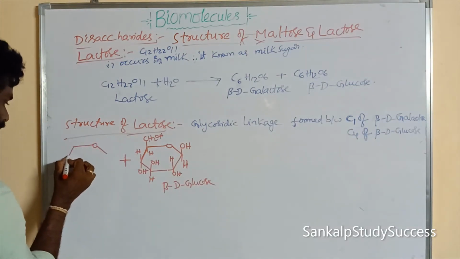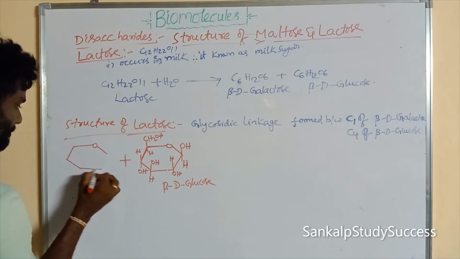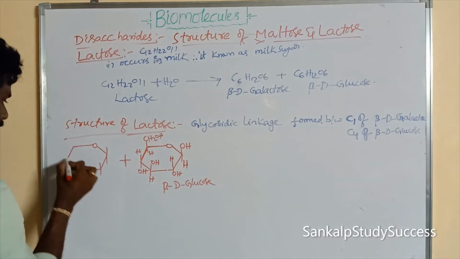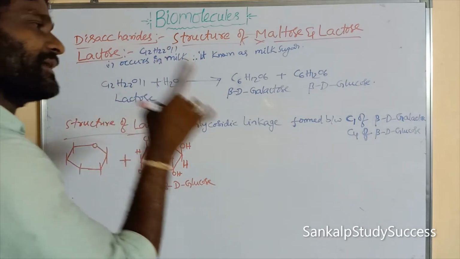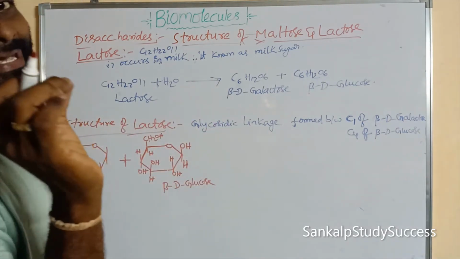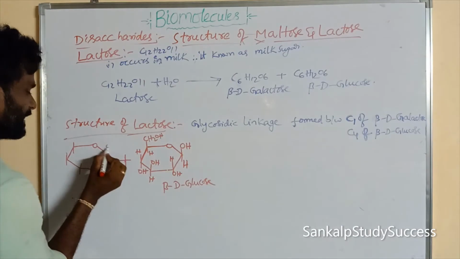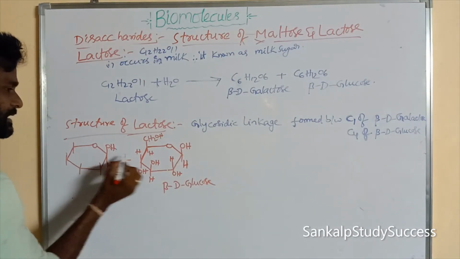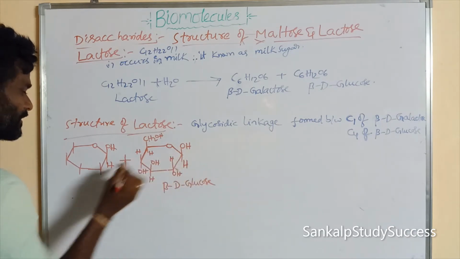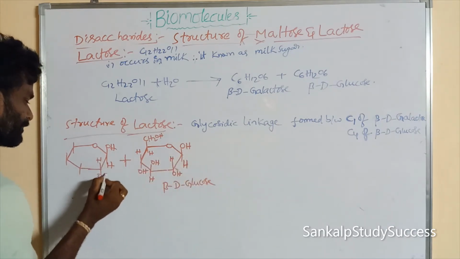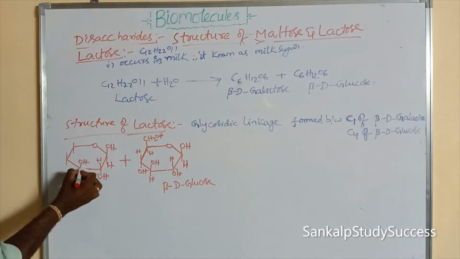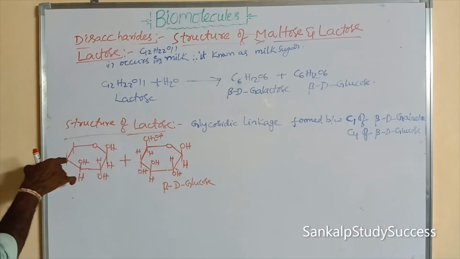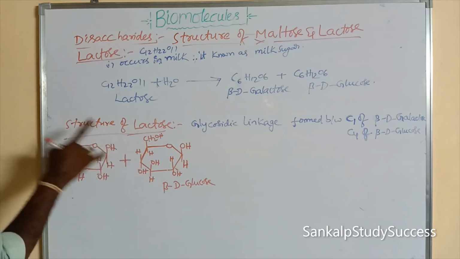Beta D glucose and beta D galactose are similar, but these two differ at the fourth carbon only.